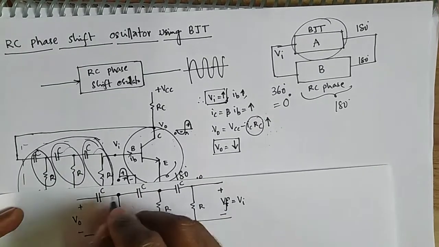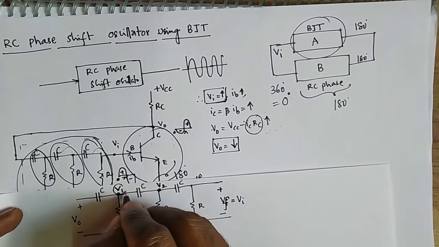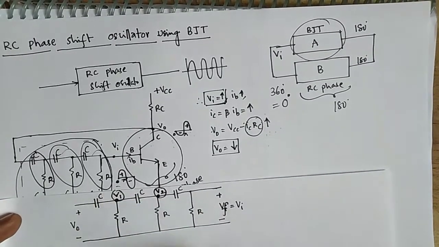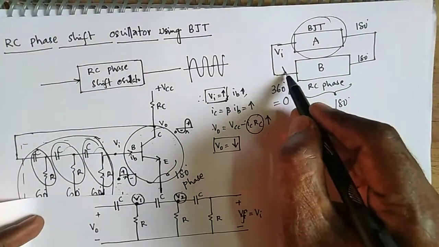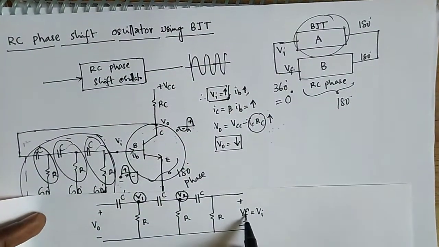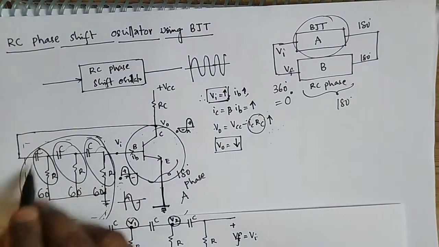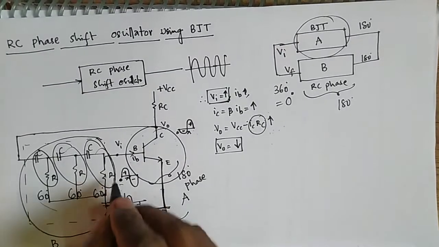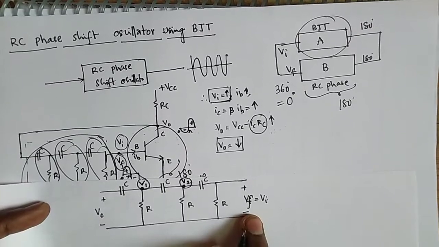This is node 1, this is node 2. V1 and V2. So this is the actual output value Vf, the feedback voltage. Feedback voltage is connected to Va. So the output of the RC phase shift network is Vf. Vf is equal to Vi. That is the meaning of this.